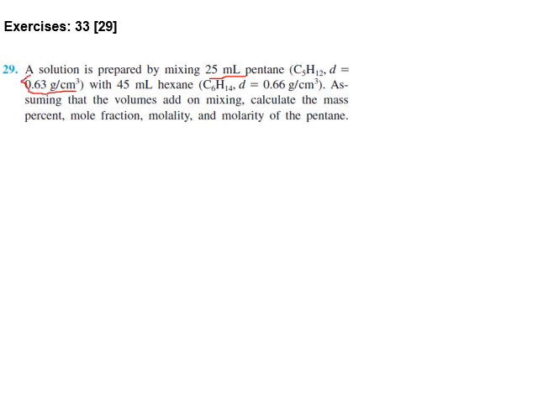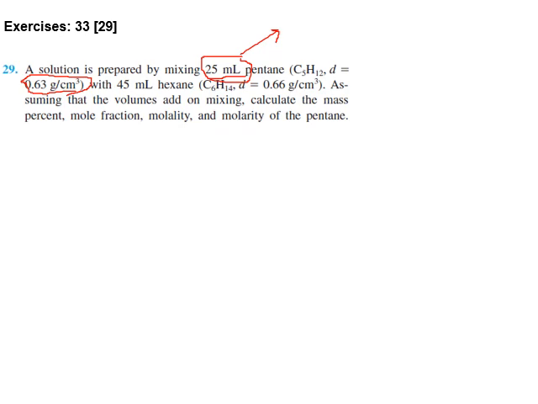If the density of pentane is 0.63 grams per centimeter cubed and you have 25 cubic centimeters of it, then if you multiply the 25 milliliters times the 0.63 grams per milliliter, you're going to find the mass in grams of the pentane. And then you can do the same thing down here for the hexane. So multiply 45 milliliters times 0.66 grams per milliliter, and you'll get the number of grams of hexane. And that's what you're going to need.